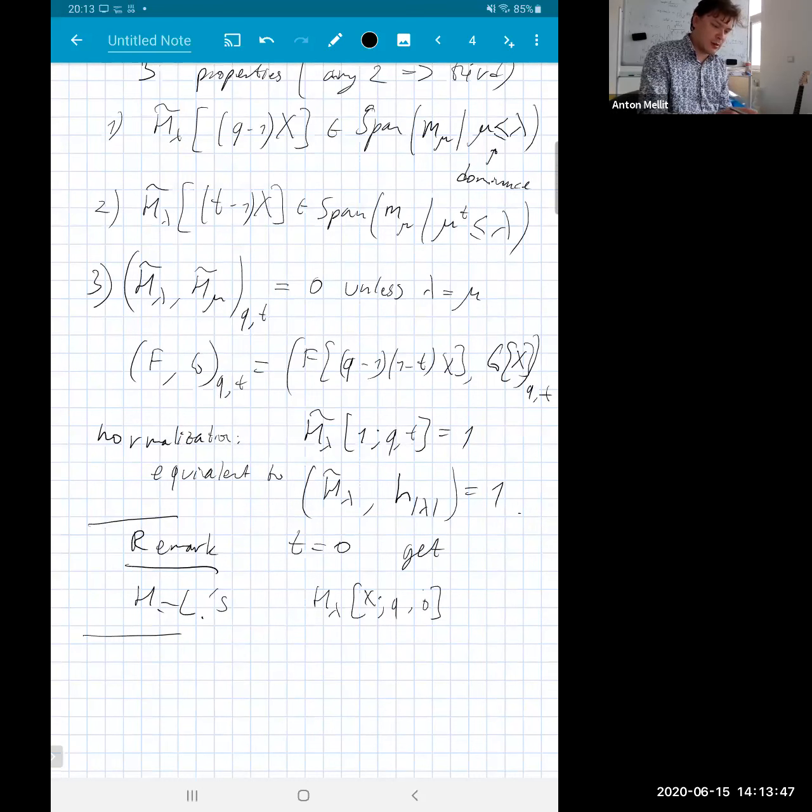And then you can prove one of the other two triangularity properties. It's not that hard.